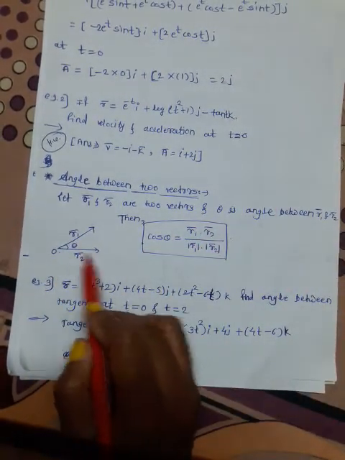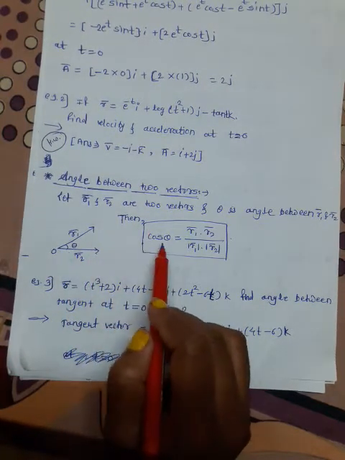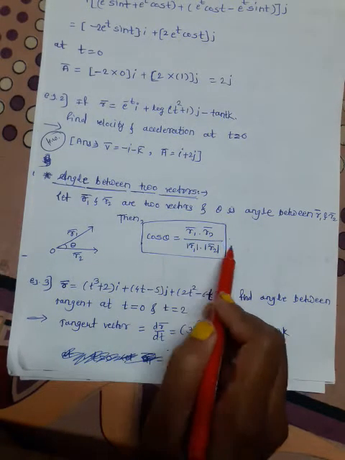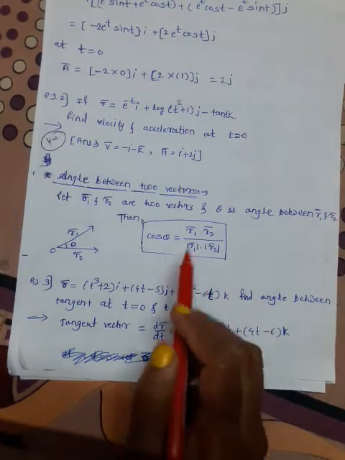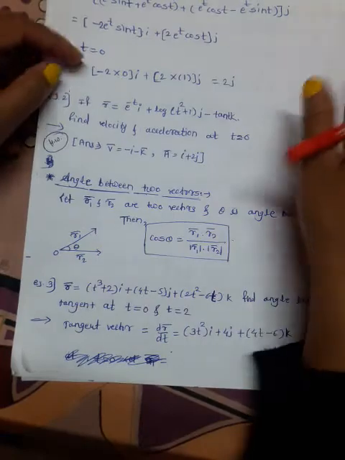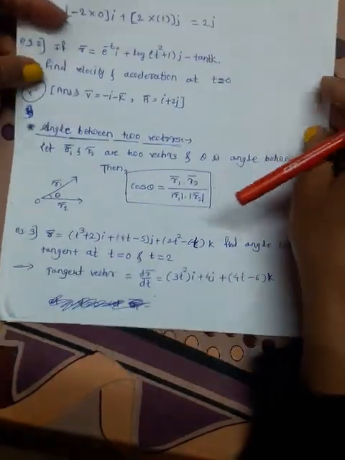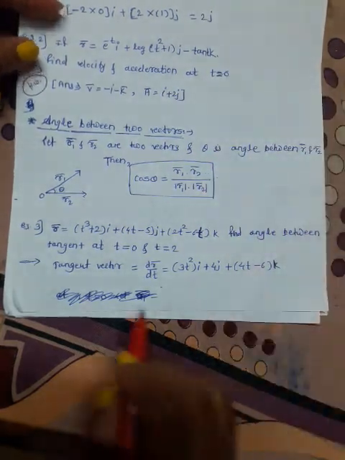Suppose this is r1 bar, this is r2 bar, this is the origin, theta is the angle. Then by definition, cos theta is nothing but r1 bar dot r2 bar divided by mod of r1 bar into mod of r2 bar. This is the simple definition. If angle questions are asked, it can be for 1 or 2 marks objective. Let us start the examples that depend on this definition.